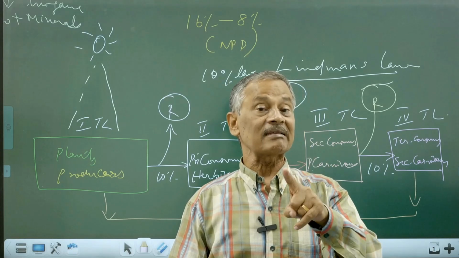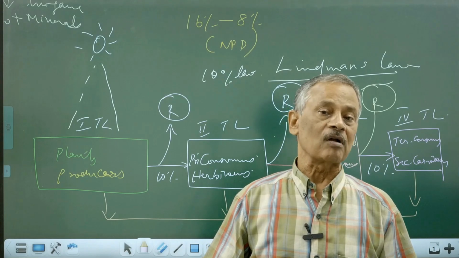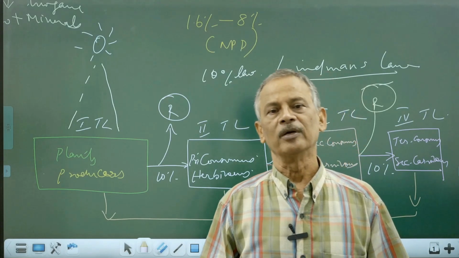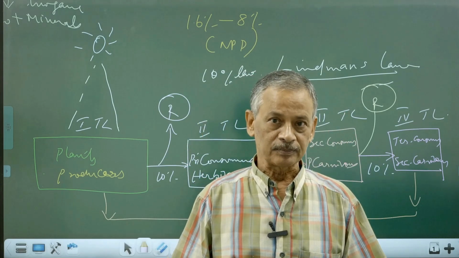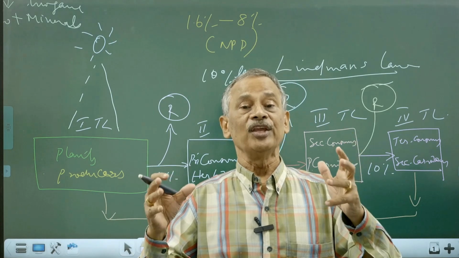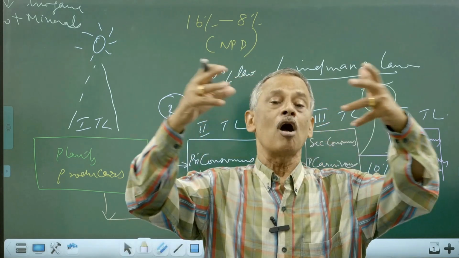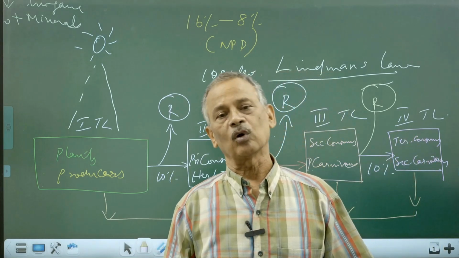Such an interconnected system of food chains is called a food web. In nature, we have only food webs. And the food web will be carrying energy to all trophic levels of that ecosystem.